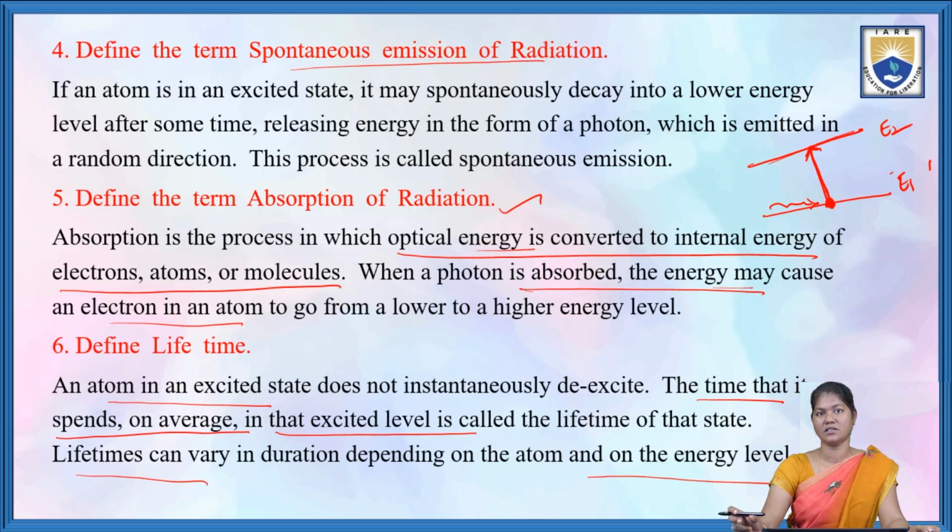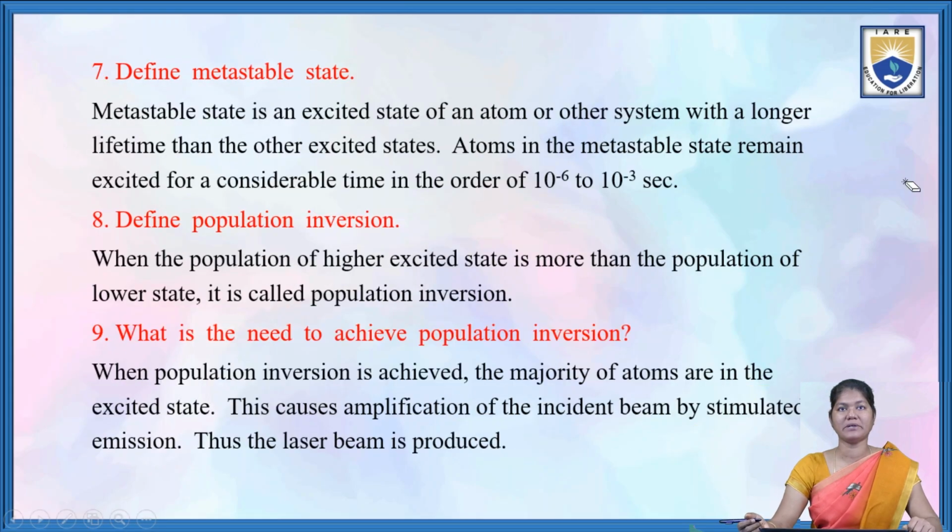Define metastable state. A metastable state is an excited state of an atom or other system with a longer lifetime than the other excited states. Atoms in the metastable state remain excited for a considerable time, in the order of 10 power minus 6 to 10 power minus 3 seconds.